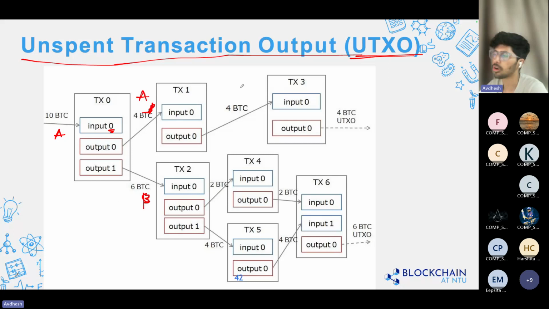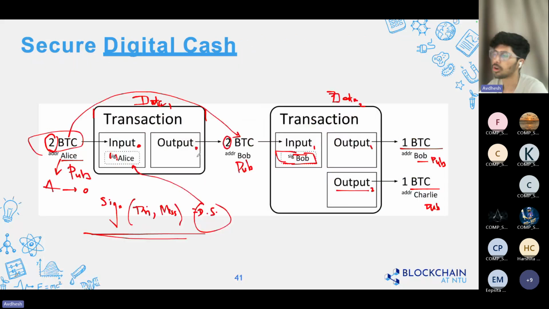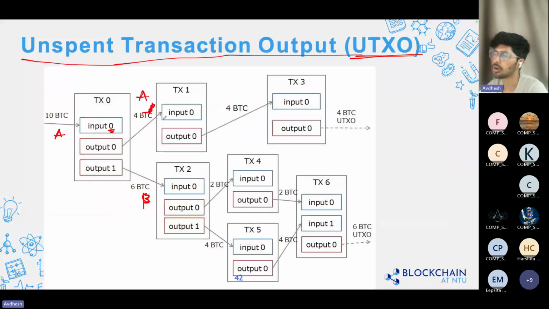But as you can see in UTXO previously, even if you have to send only a part of your Bitcoin, there has to be another output which sends the rest back to your public address. So if Alice wants to send just 6 bitcoins to Bob, she will have to send 4 bitcoins back to her own account as well.